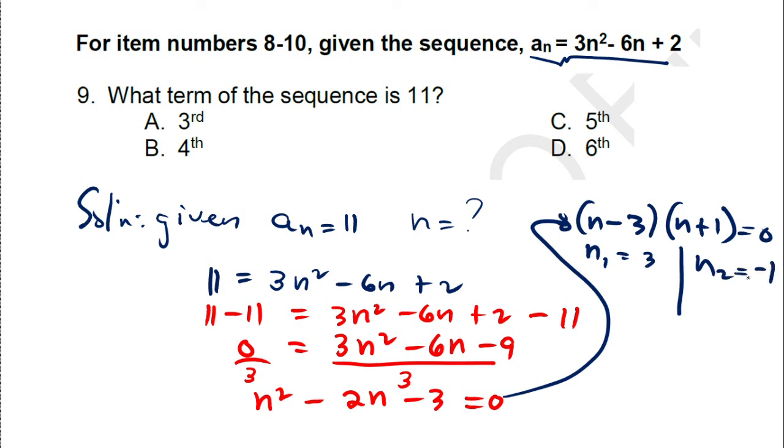Now, since we are looking for the term number, or the value of n, the number should be positive. So therefore, we just consider n sub 1, which is positive 3. So the answer for this is letter A.